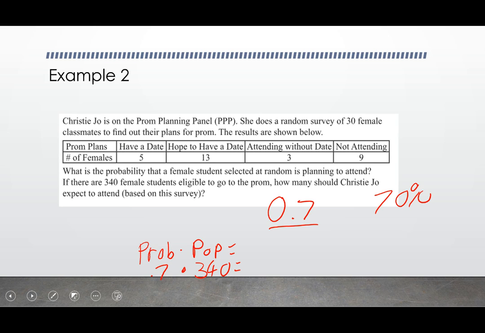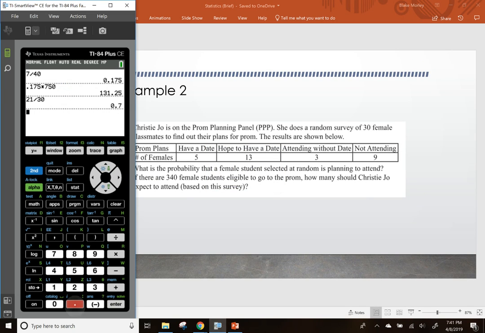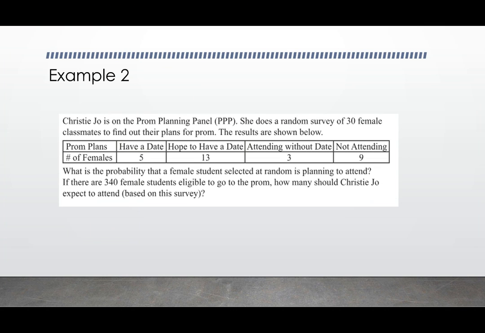So 0.7 times 340 is 238. 238 girls we can expect to attend prom if that survey holds true, of course.